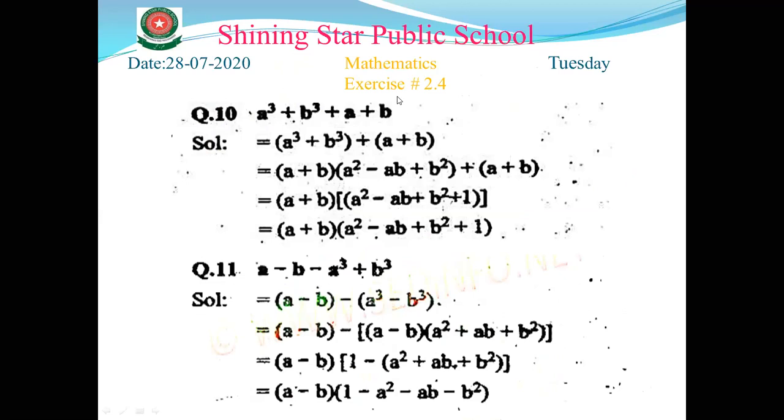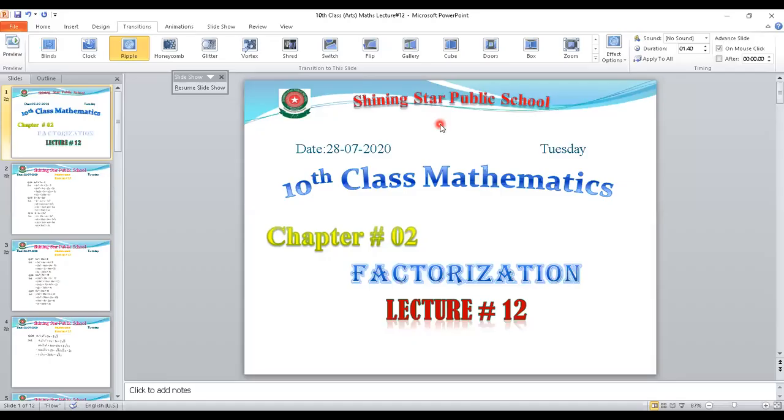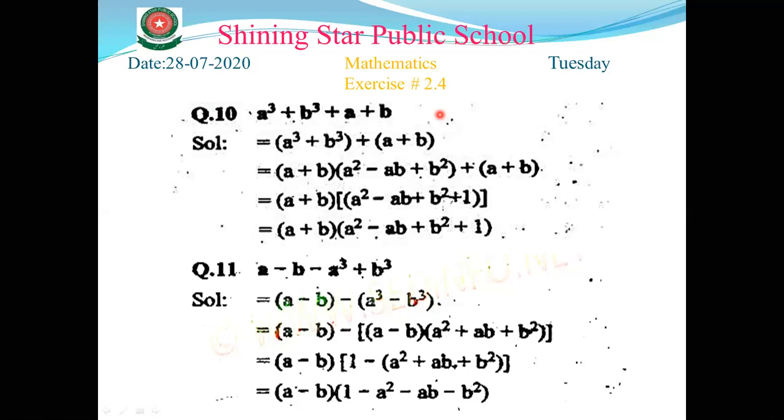So in question number 10, a³ plus b³ plus a plus b. First of all, we combine the similar terms, which means we combine a³ plus b³ plus a plus b.